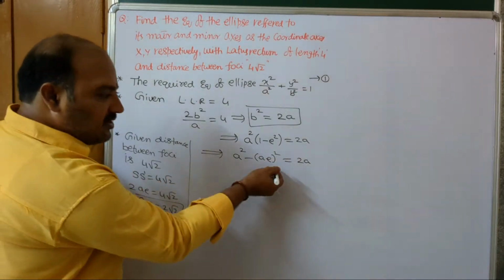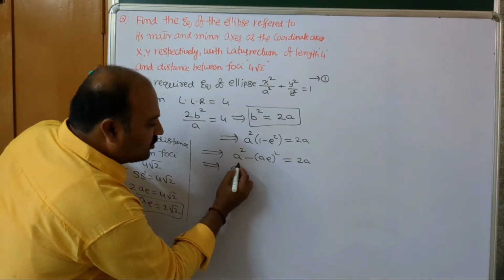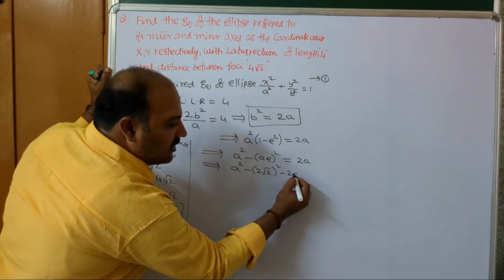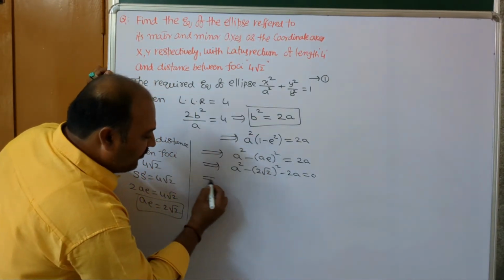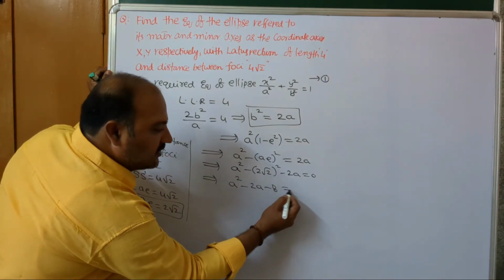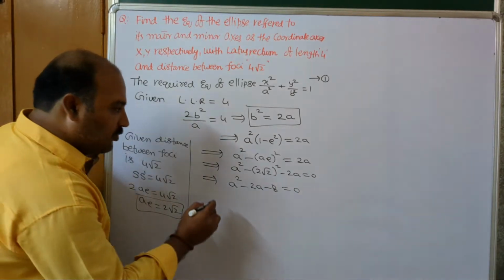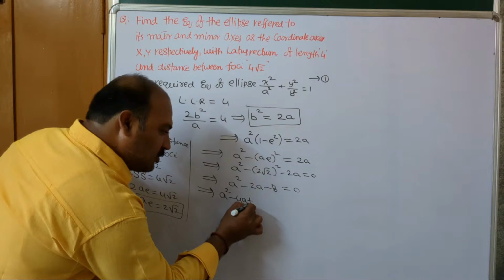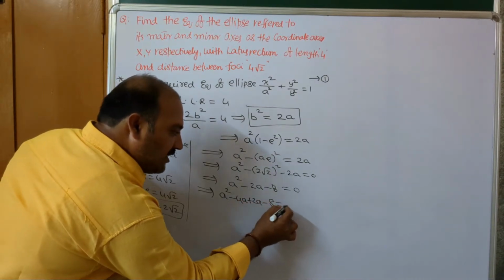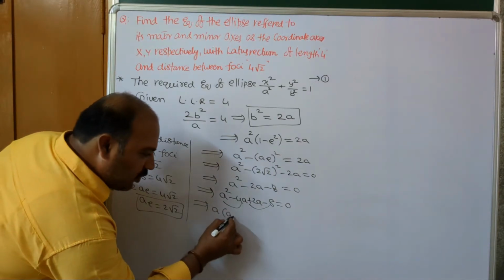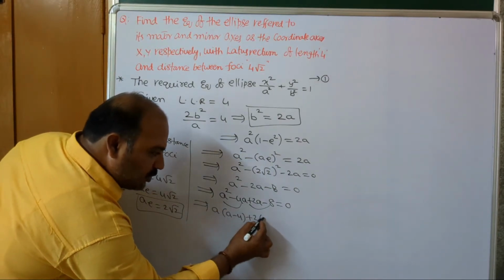Substitute that ae value in this: a square minus 2 root 2 whole square, and bring that 2a also to this side: minus 2a equal to 0. So a square minus 2a minus 8, factors we need to find. So a square minus 4a plus 2a minus 8 equal to 0. a into a minus 4 plus 2 into a minus 4.